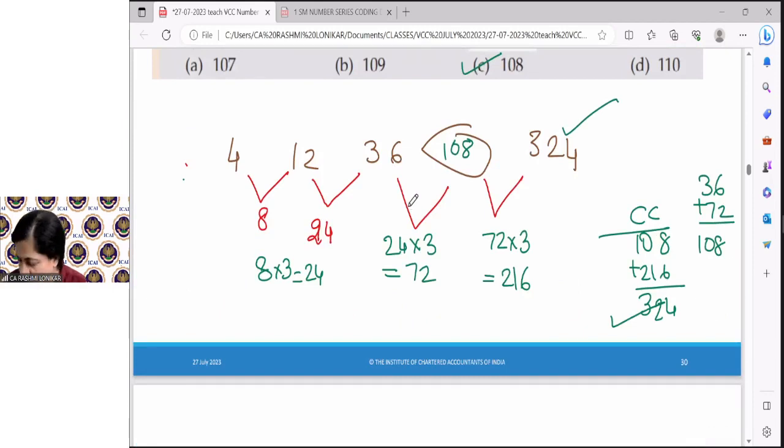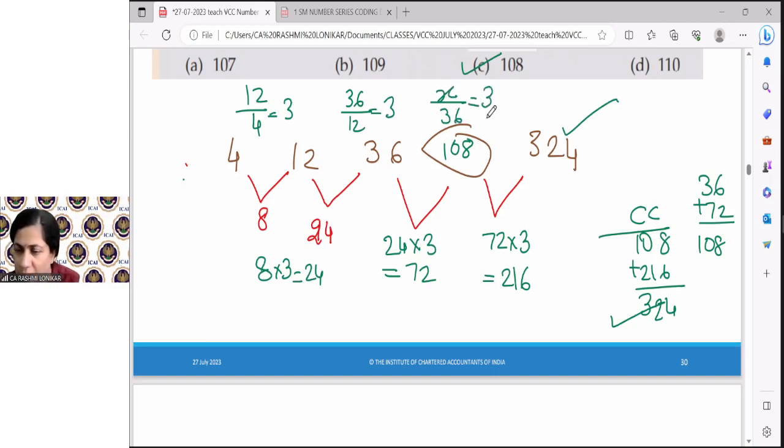Yes, completely agree. This is a GP, 24, because 12 divided by 4 is 3. 36 divided by 12 is also 3. Okay. So x divided by 36 should be equal to 3.